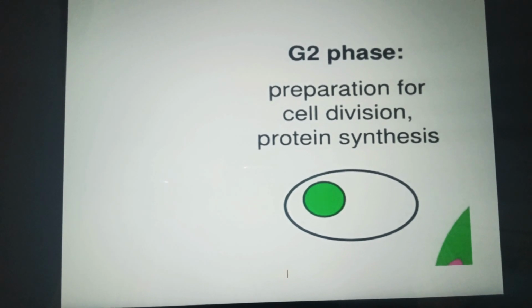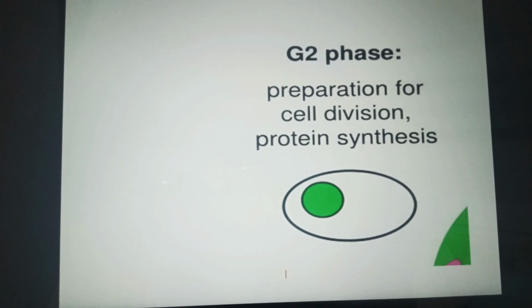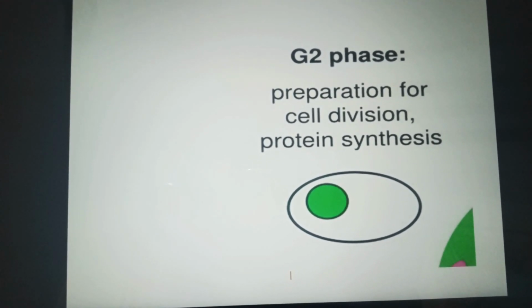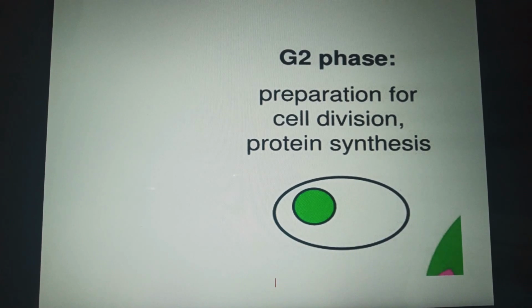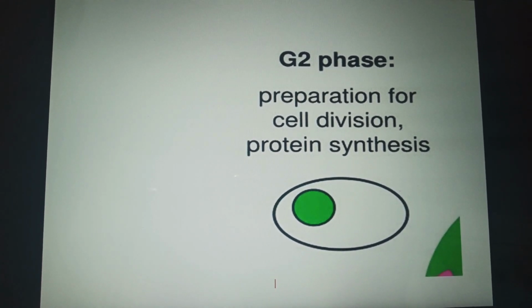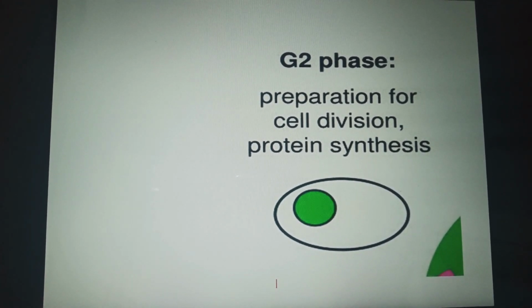G2 phase is the preparation for cell division and a protein synthesis phase. The inhibition of protein synthesis during G2 phase prevents the cell from undergoing mitosis.